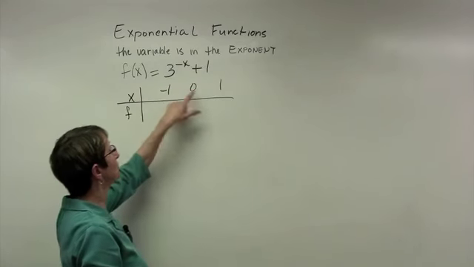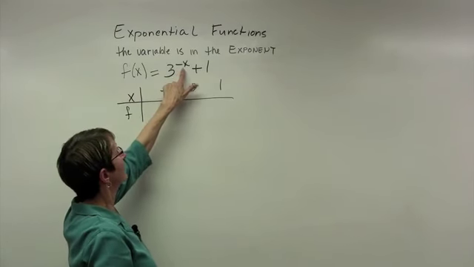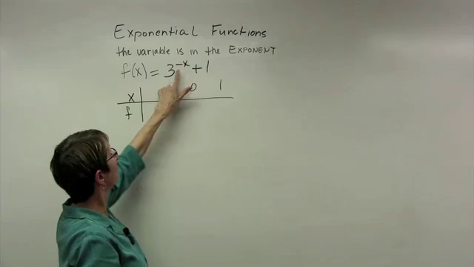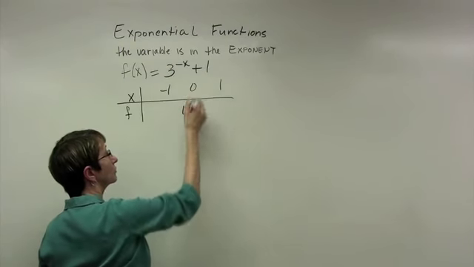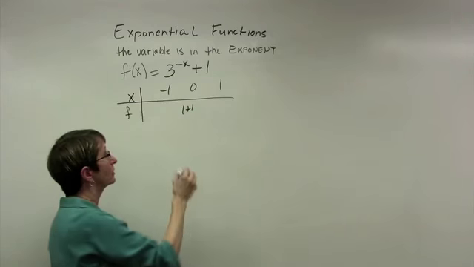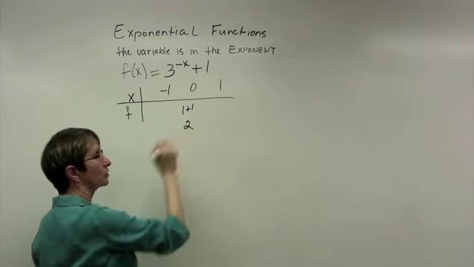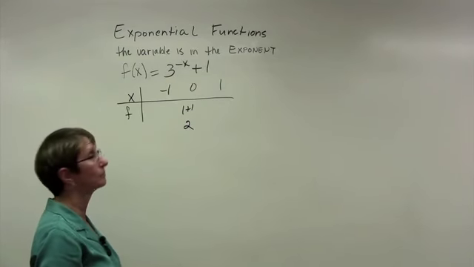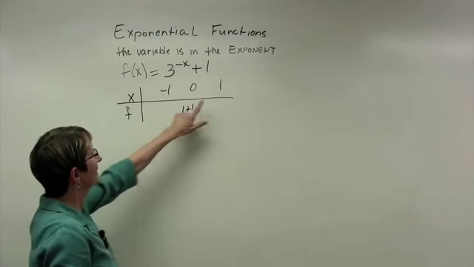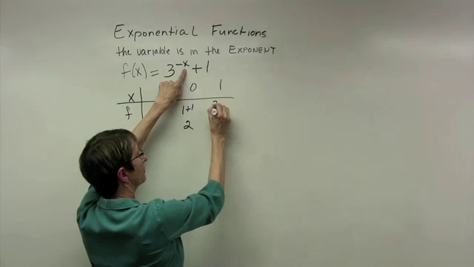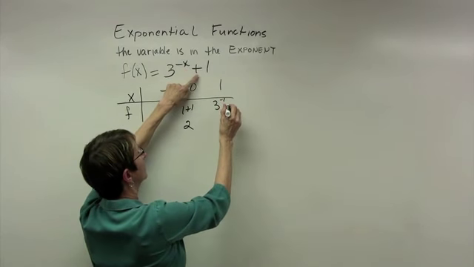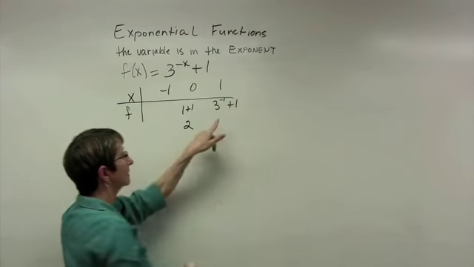And the first one I'm going to check is 0. A -0 is still 0. 3 to the 0 is 1, plus 1. So this y value here is actually 2 when x is 0. If I put in x equal to 1, I have 3 to the negative 1 plus 1.